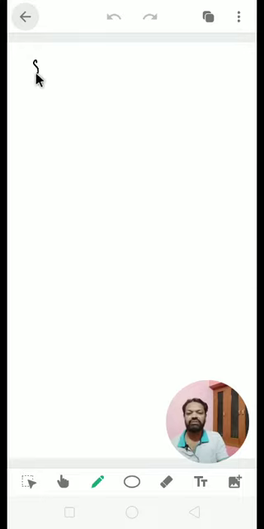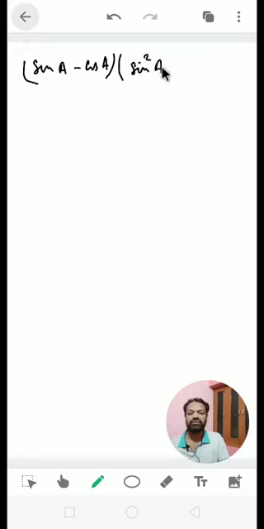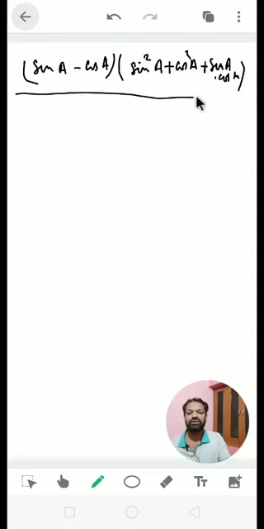So it will become sine a minus cos a, that means a minus b, and it will be converted into sine square a plus cos square a, that is a square plus b square, plus ab, sine a into cos a. This is the conversion using the algebraic identity a cube minus b cube.